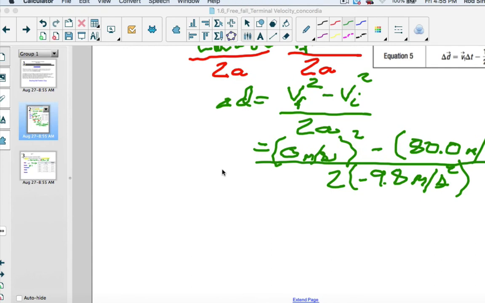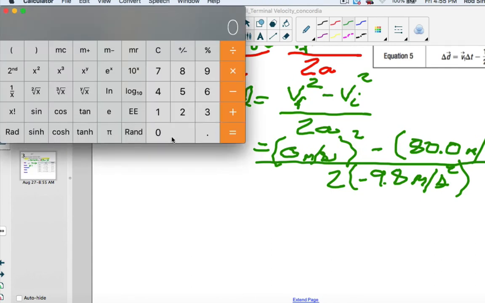So if we go to a calculator, 0 squared is 0, minus 80 squared is equal to negative 6,400. Now we're going to divide that by, in brackets, 2 times negative 9.8, and you get an answer of approximately 327.